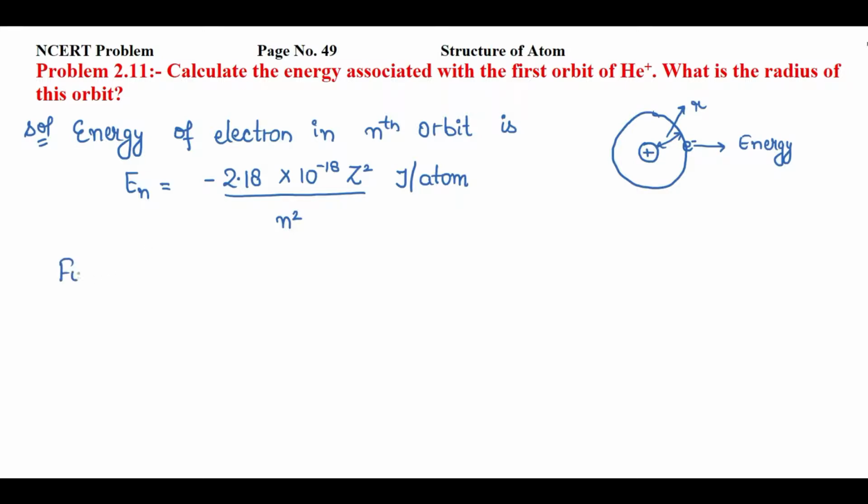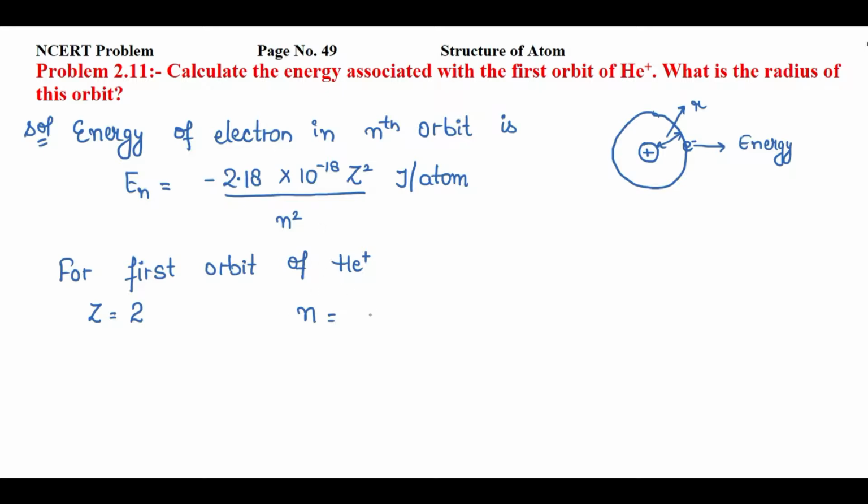So for first orbit of He positive, the value of Z, that means the value of atomic number, is equal to 2, because the atomic number of helium is 2, right? And n is the number of orbit, right?